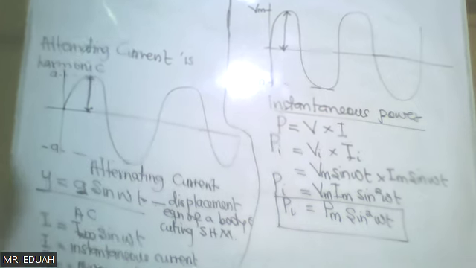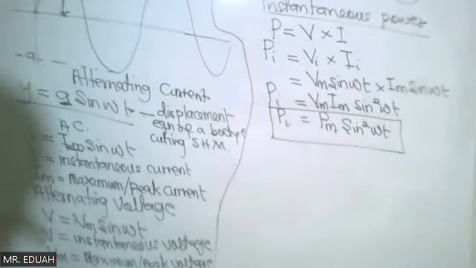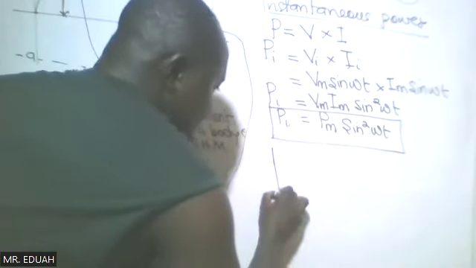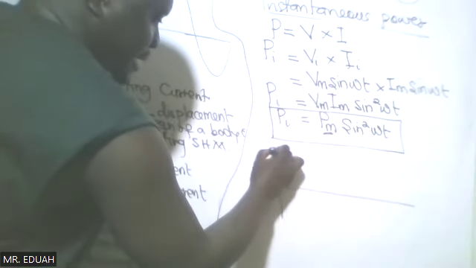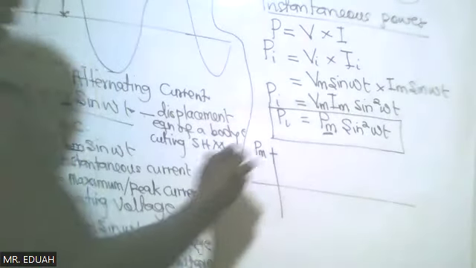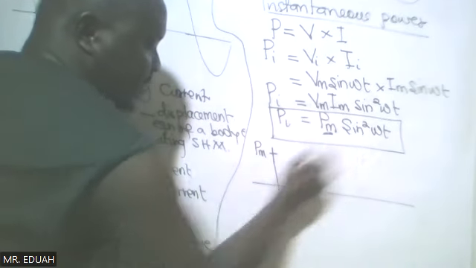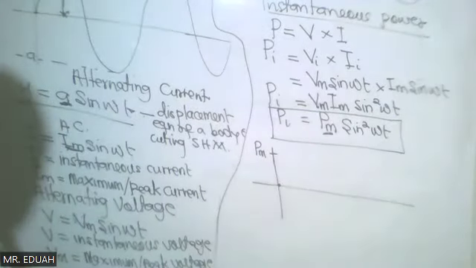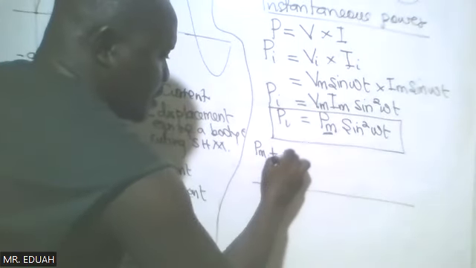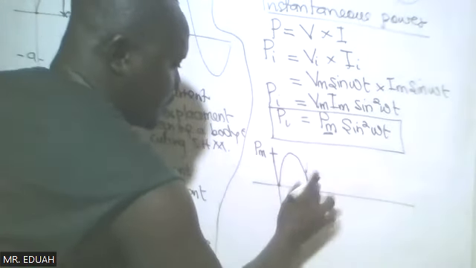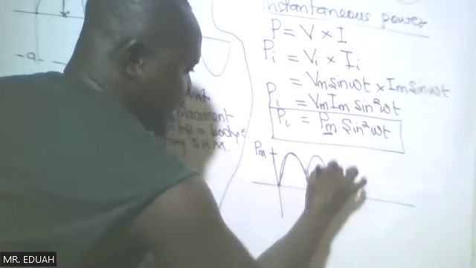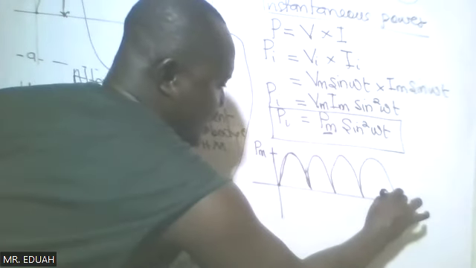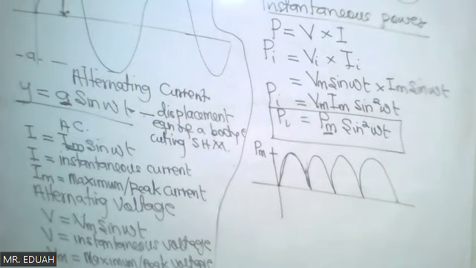Now, a graphical representation of instantaneous power is given as this. We have the peak or maximum power, PM. It's a sine function, meaning it will start from the origin. Against time or angle, this is how instantaneous power is represented.